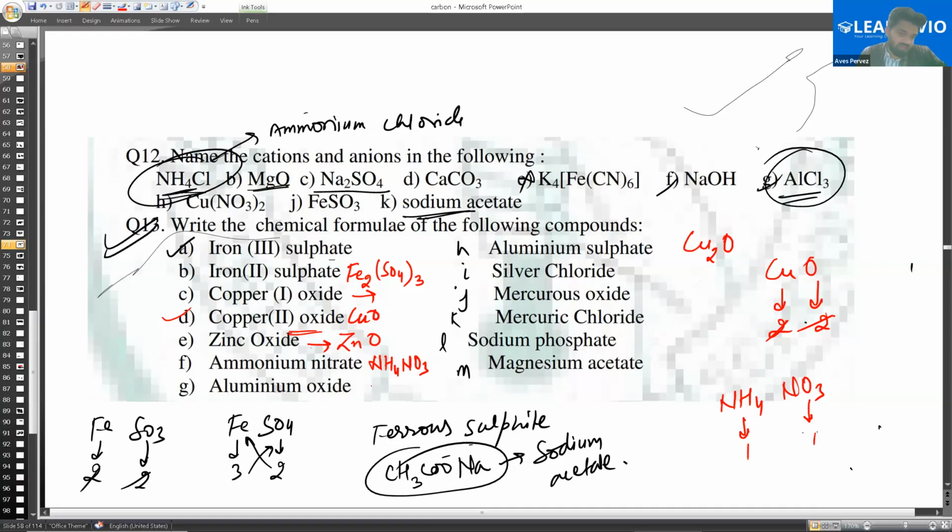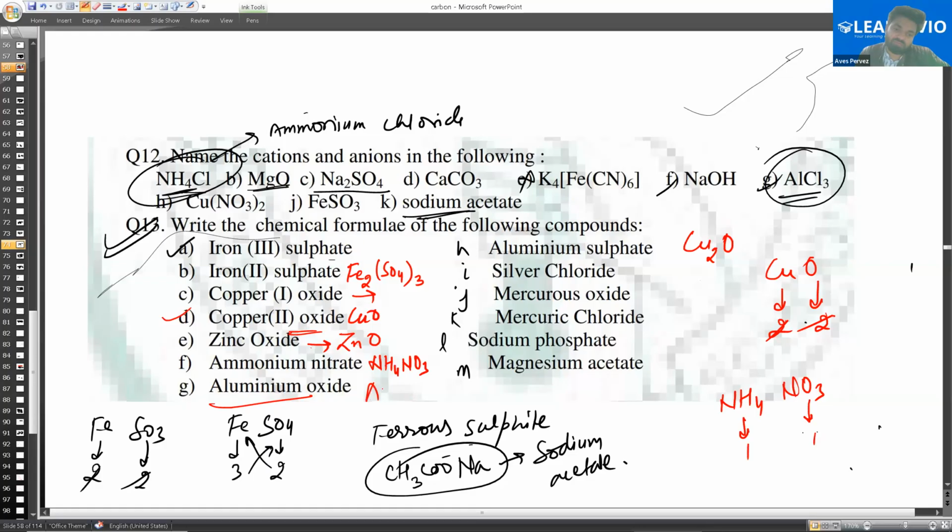Next, aluminium oxide. Tell me fast. What is the formula for aluminium oxide? Al2O3.